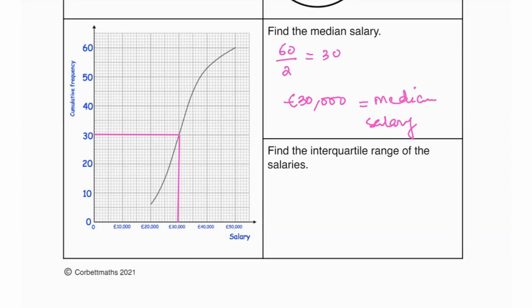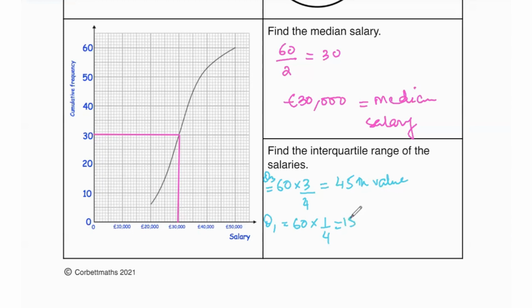Now to calculate the interquartile range, we need the upper quartile and lower quartile. Upper quartile is going to be 60 times 3/4, which is basically going to equal 45. So we need to find the 45th value. And for the lower quartile, we do 60 times 1/4, which will give us 15.